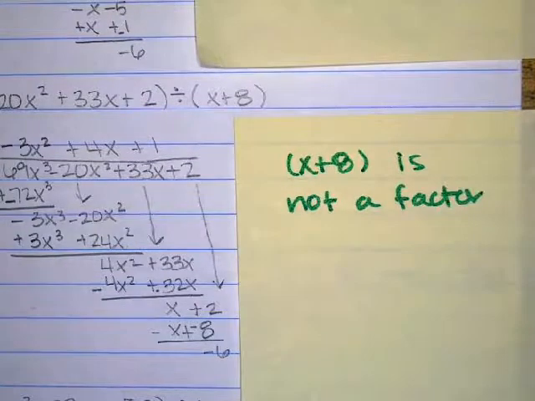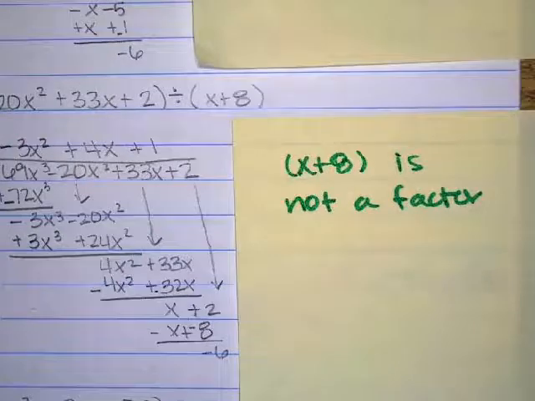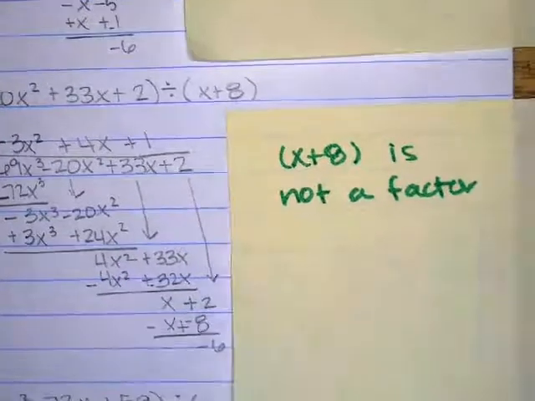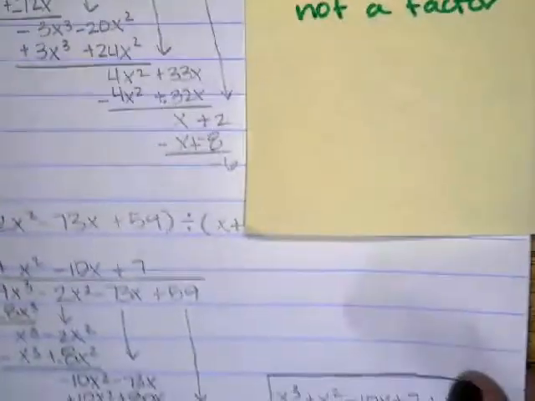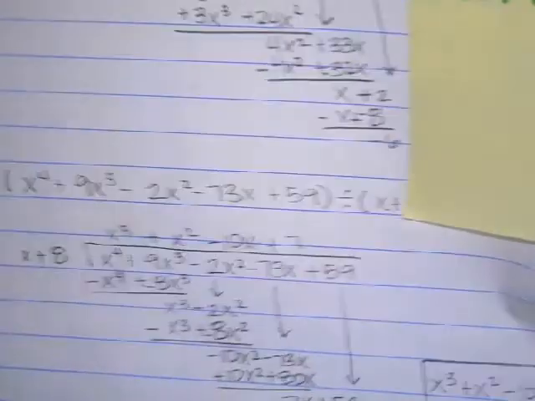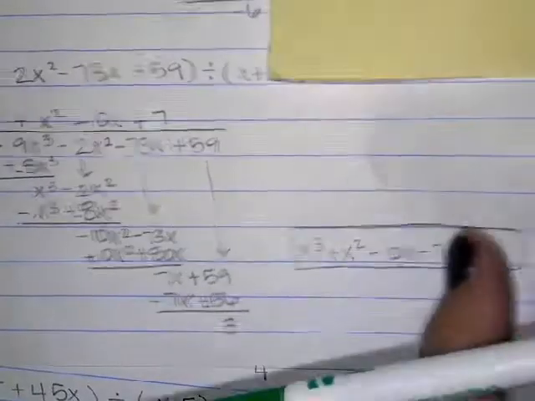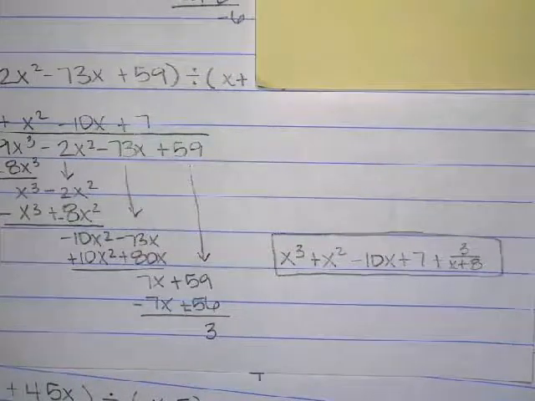Okay, what comes after G? D. Okay, D was the next problem. And what did you guys notice about D? It's not a factor, okay? x plus 8 is not a factor for problem D because we have a remainder of 3.